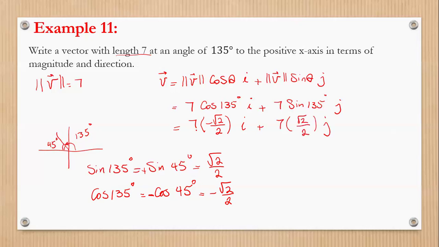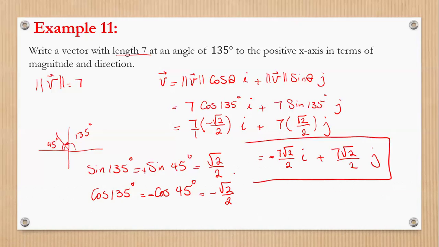If I multiply the fractions, multiplying the numerators together and the denominators together, I get negative 7 root 2 over 2 i plus positive 7 root 2 over 2 j. And this is my vector if I want to rewrite it in terms of the magnitude and the direction.